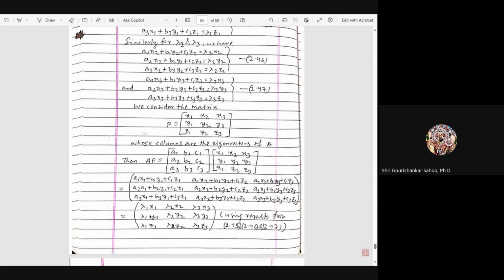So using the results, you can write lambda 1 x1, lambda 2 x2, lambda 3 x3, lambda 1 y1, lambda 2 y2, lambda 3 y3, lambda 1 z1, lambda 2 z2, lambda 3 z3.